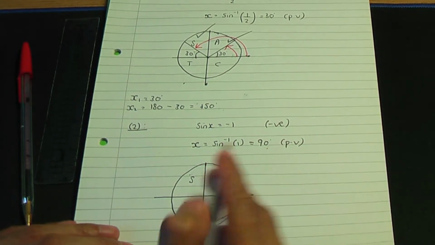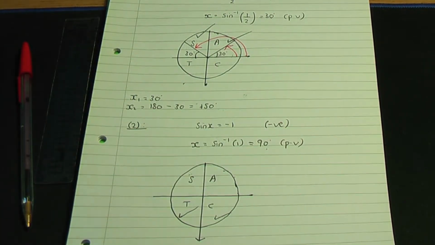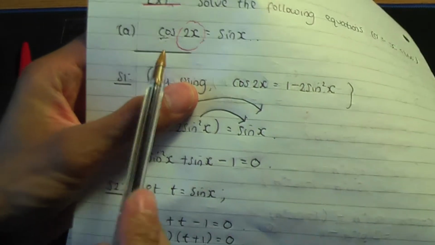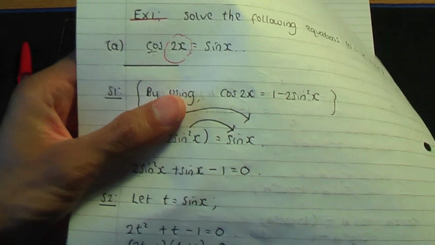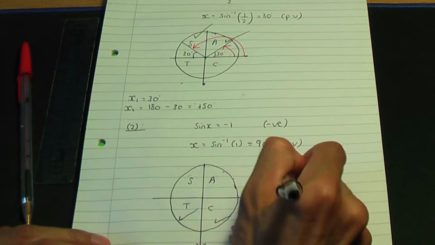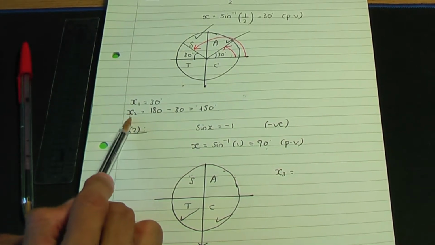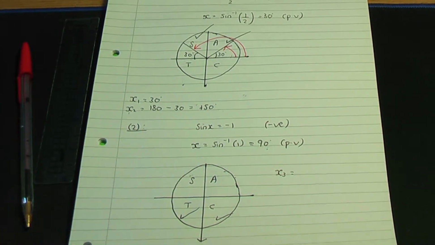Since all of these solutions are solutions to one equation, cos 2x equals sine x, I'm going to name this solution x3. This continues from the previous solution, which is x2.